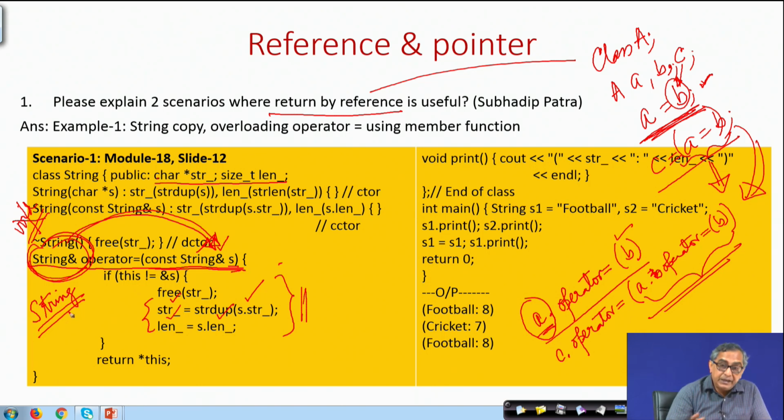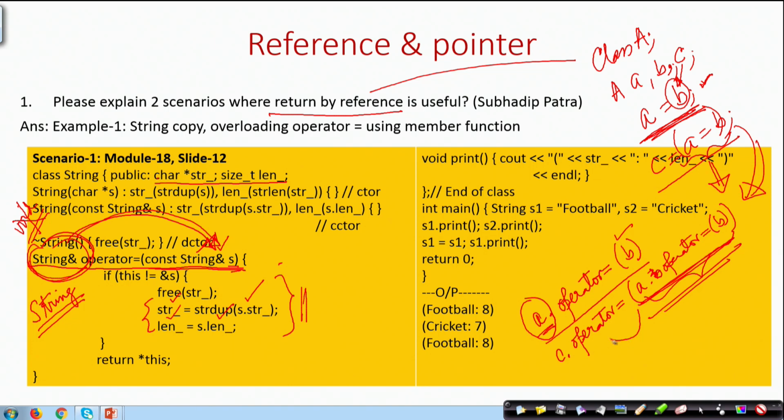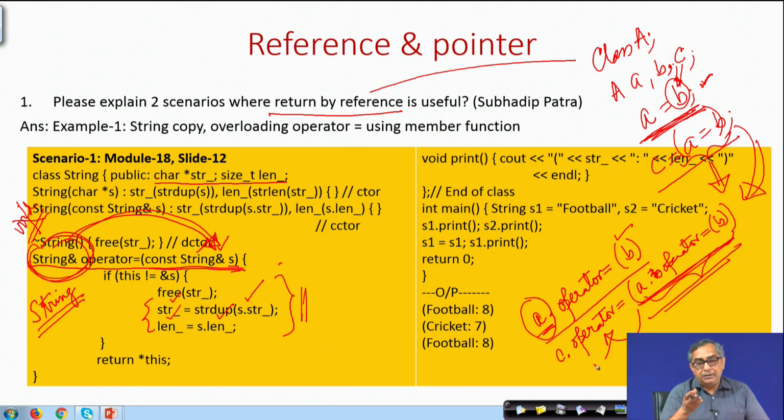Similarly, when you return by value, again the copy constructor will be called, a copy will be made and that copy is what will be used in calling the operator assignment on C, and that temporary copy will have to get destroyed. So, this is the additional overhead of making a copy and then destroying a copy in terms of using copy constructor that will be involved if we return by value.